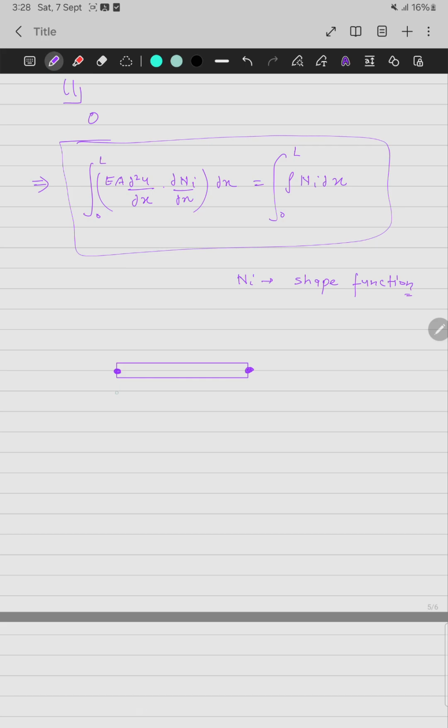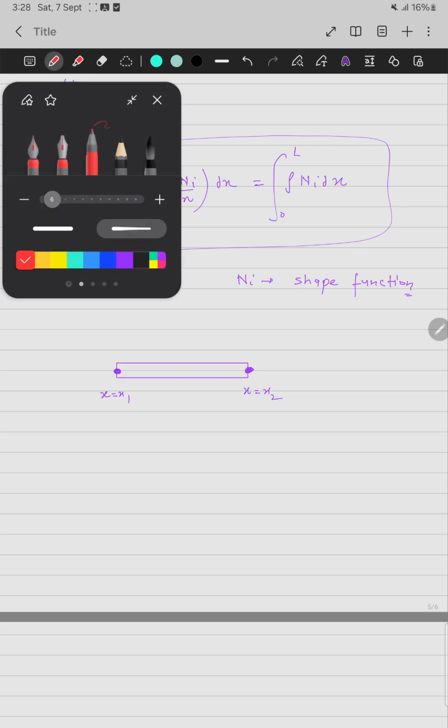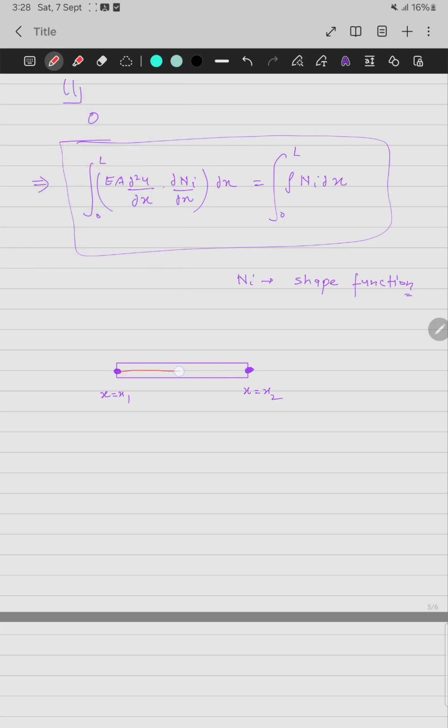This I am saying is x equals x1, this is x equals x2, and I can draw a coordinate system here. This is the x direction, and this is u, which is the displacement in the x direction. I'm just plotting the graph.